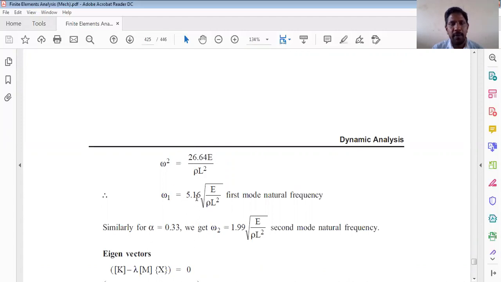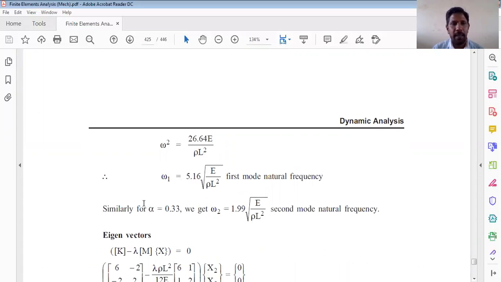So omega 1 will be 5.16 square root of E by rho L square, which is the first natural frequency. Similarly, you can use alpha 2 to find lambda 2, and thereby find the omega 2 value, which comes out nearly equal to 2 times the square root of E divided by rho L square, which is the second natural frequency.